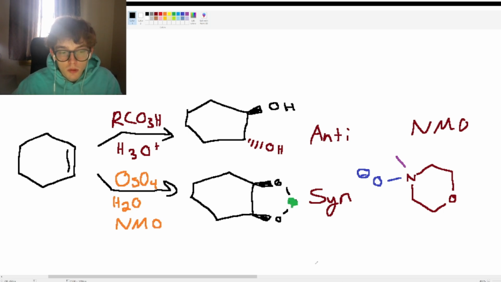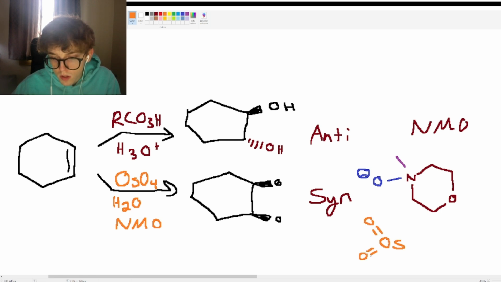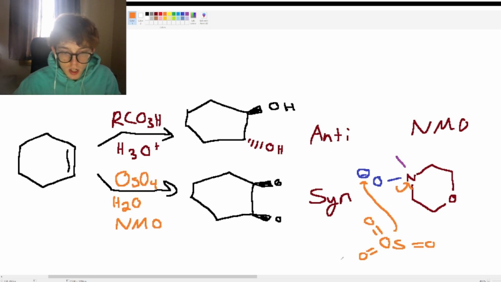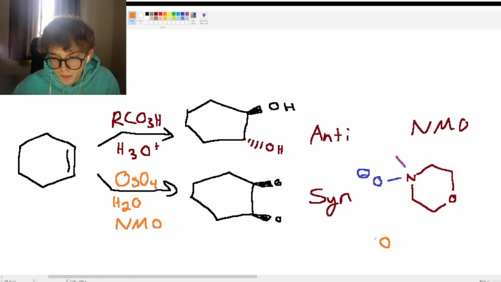So it attaches with 2 of its oxygens, and then water comes in and basically yeets off the osmium into this osmium complex. And then NMO is going to, osmium is going to attack and steal that oxygen. It's going to be regenerated, and it will come back to do the same thing to our alkene.